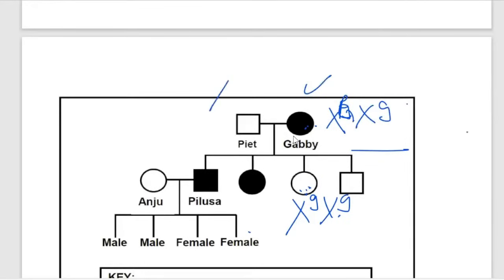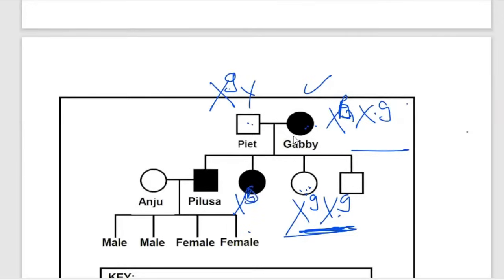What about the female? Remember, this is normal. If it's normal, automatically it has small g. That's why this and this combine to produce a kid who is a female with the two recessive alleles. We are done with this. What about this? A female who is sick. Therefore, this female can't be homozygous dominant.